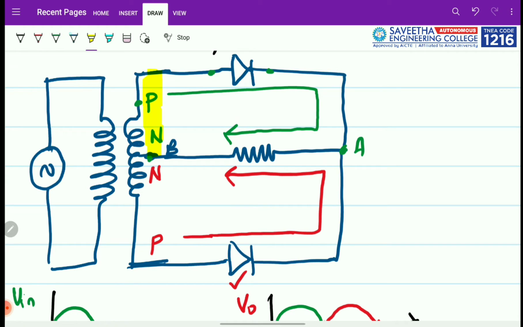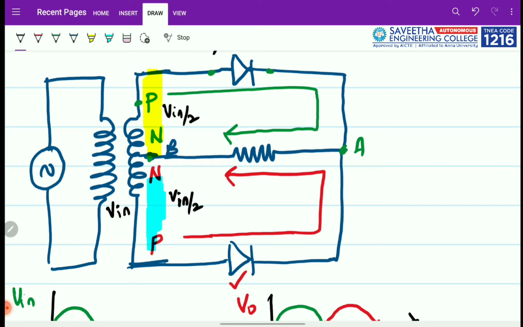Suppose my secondary actual input is V in, here only V in by 2 is utilized, and in the second half cycle the other V in by 2 is utilized.